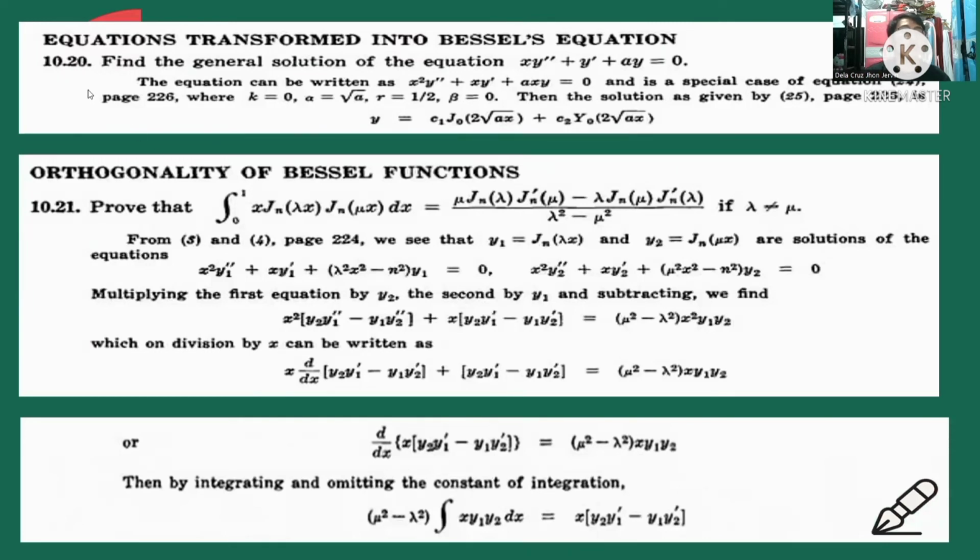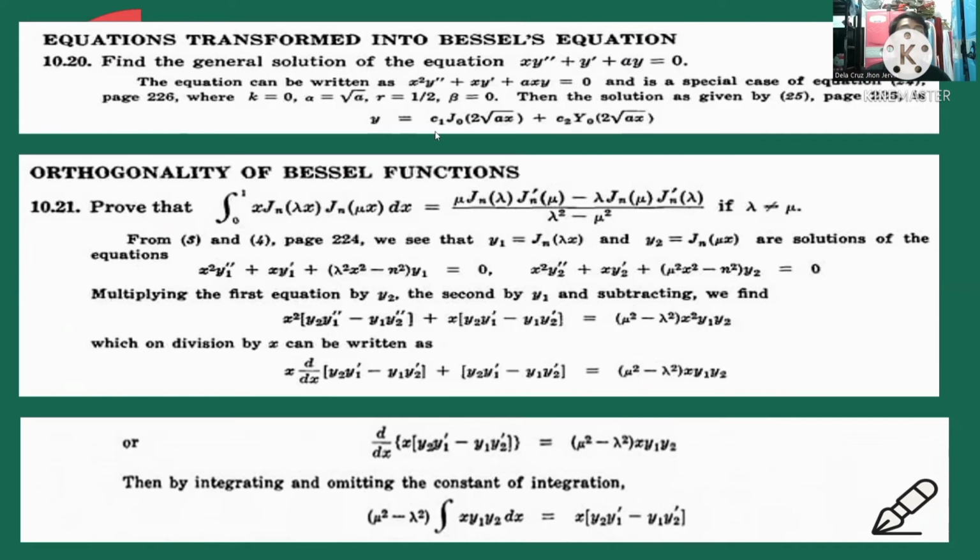Ito naman yung equation transform into Bessel equation. Find the general solution of the equation x y double prime plus y prime plus a y equals 0.